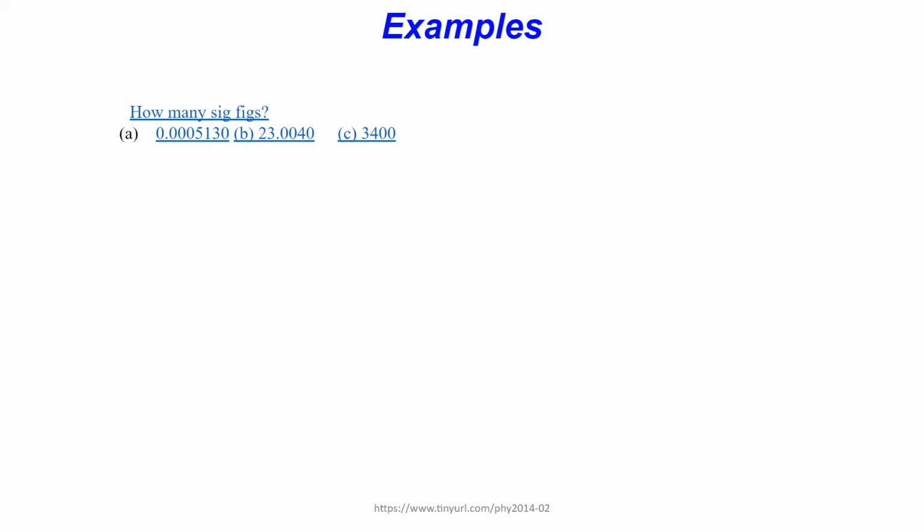But these 3 are non-zero numbers, so they are significant, and there's another 0 afterward. The rightmost zeros after the decimal point count. So in this case, you will count 1, 2, 3, 4. It's 4 sig figs on the first one.